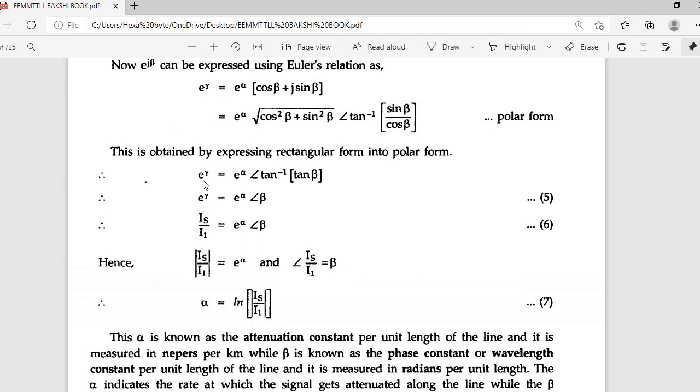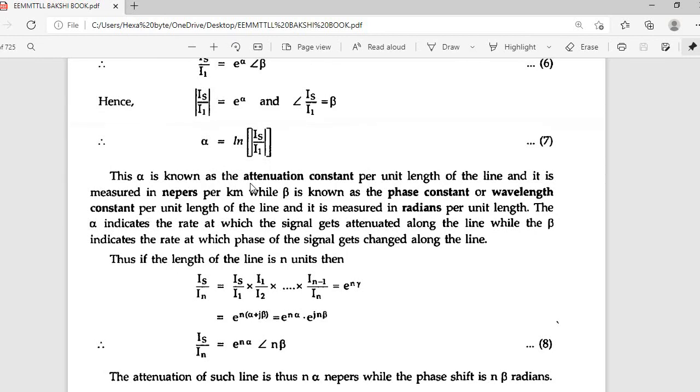So e power gamma is equals to e power alpha at an angle of, after simplification, tan inverse of tan beta, so tan inverse and tan get cancelled, at an angle of beta. So IS by I1 is equals to, finally our current ratio is e power alpha, the attenuation, at an angle of the phase constant beta. So the magnitude of IS by I1 is e power alpha, and the angle is beta. So finally from this equation, alpha is equals to again log of IS by I1.